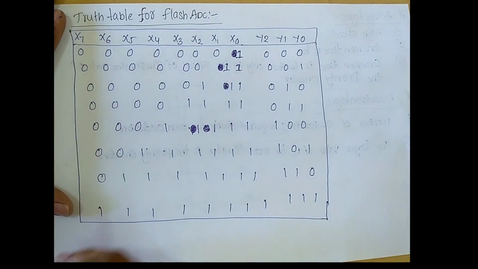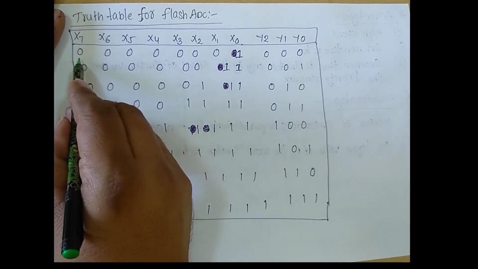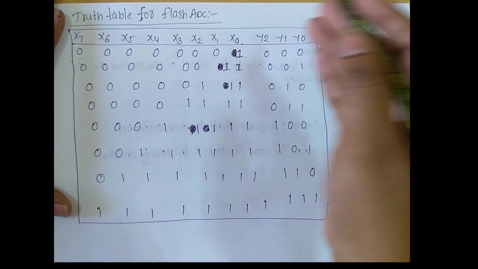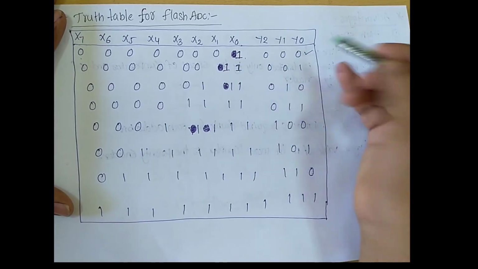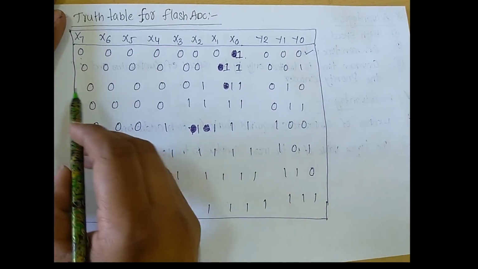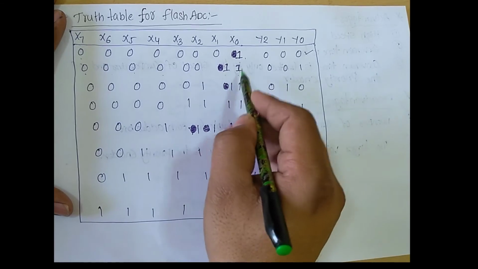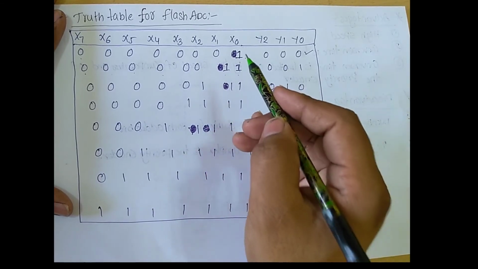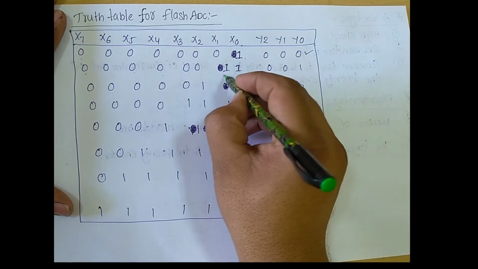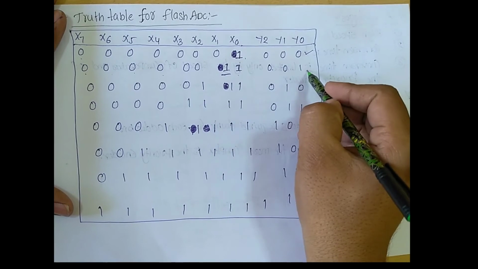Okay, for example, here coming to the first condition, we get the comparator outputs as 0000000, here we get the 1, and this information we can encode into 000. Okay, for example, in the flash type ADC, we get the outputs of the comparators as 000 and 000 and 11, and here the priority encoder gives priority to this comparator output, and with respect to this consideration, this information can be encoded into 001.